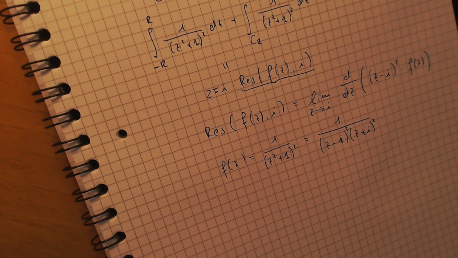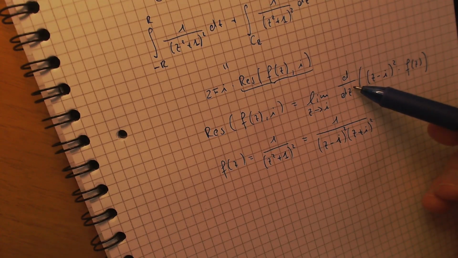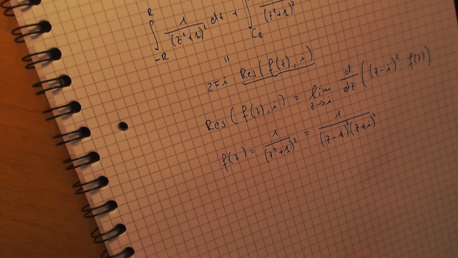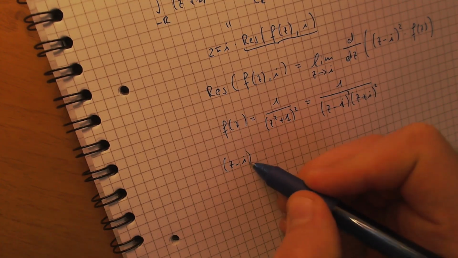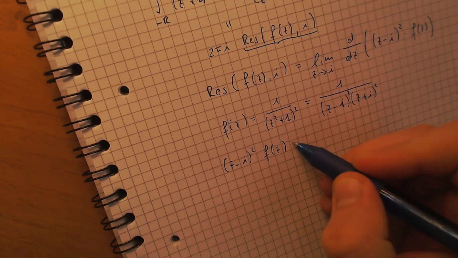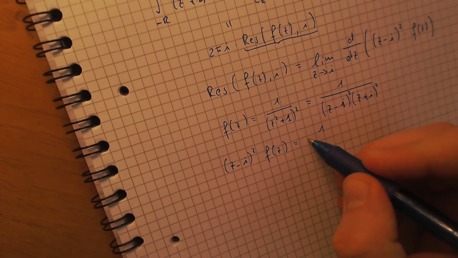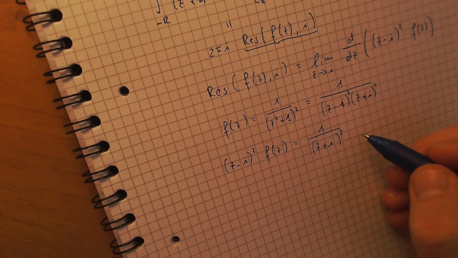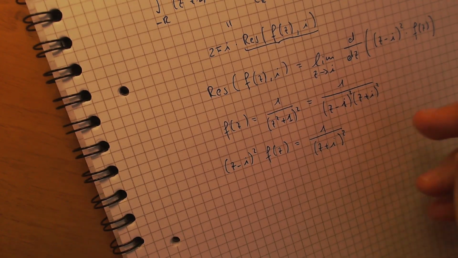We have to consider the derivative with respect to z of this product. If we consider the product (z minus i) squared times f of z, this term cancels, so we end up with just 1 over (z plus i) squared, and we have now to consider the derivative of this function.